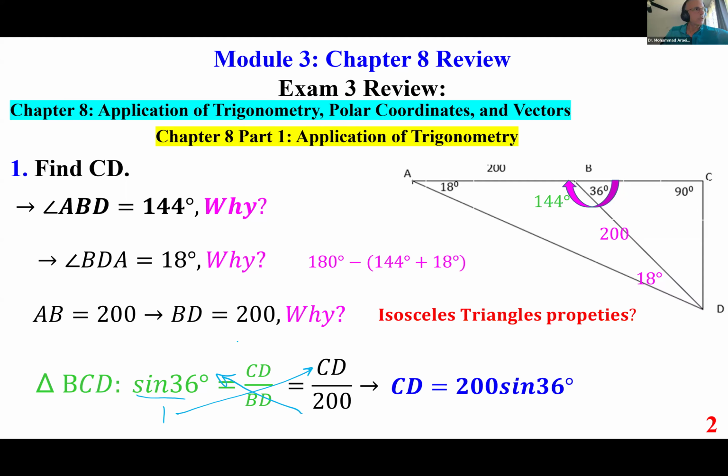And at this point, of course, you have to put it into a calculator to come up with the answer. And we get an approximation here, as you can see it.